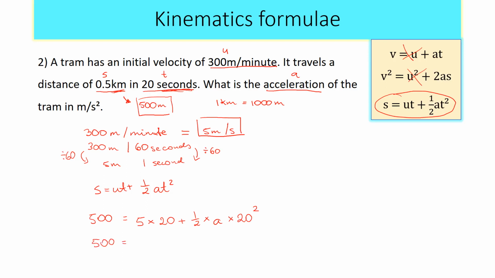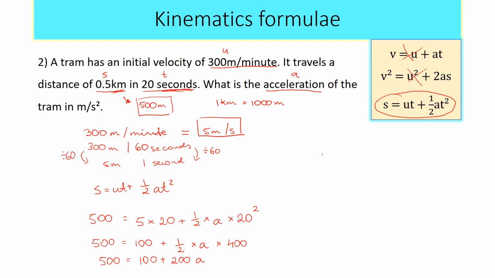Now we just need to calculate, so that is 500 equals 100 plus a half times a times 400, and that is 500 equals 100 plus 200a.